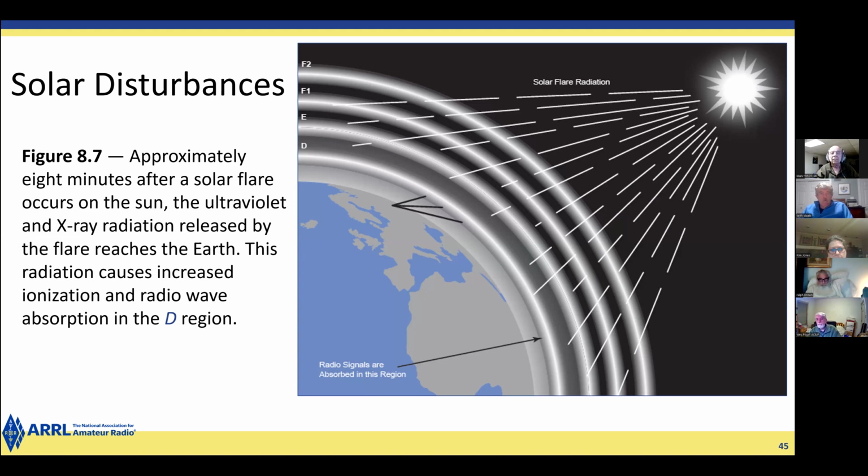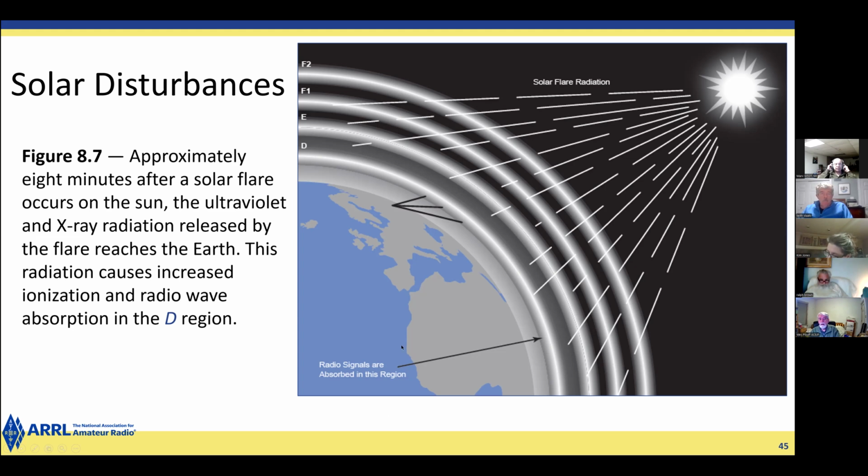Because the sun is active and a little bit chaotic, sometimes there will be flares on the surface of the sun where hot gases will rise up from the surface, and when they do, they increase radiation coming from the sun. This is a short-term thing. And it takes about 8 minutes at the speed of light for this increased radiation to reach the Earth.